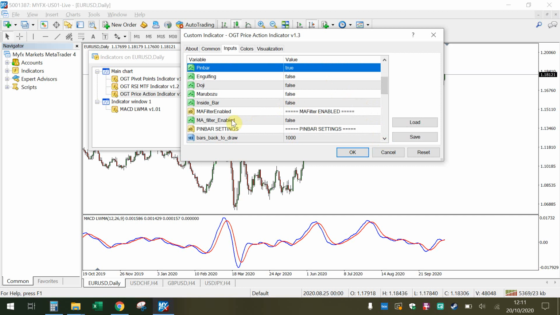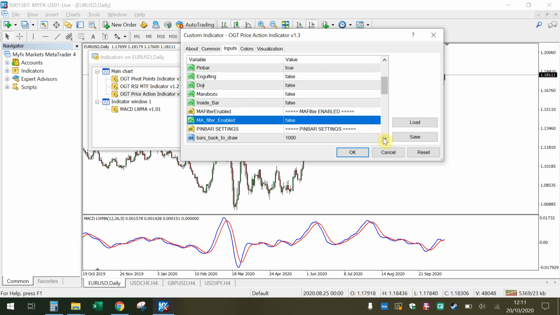You want to take the MA filter to false. If you only want to trade candlestick patterns with the long-term trend, you can do that now in this version by setting that to true. But in this case, we're looking for reversal patterns, so it's best to set that off. What that will do is give you all pin bars that meet your criteria, whether they are with the trend or against the trend.